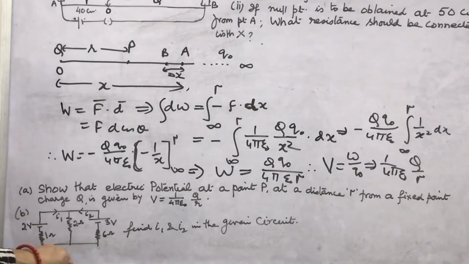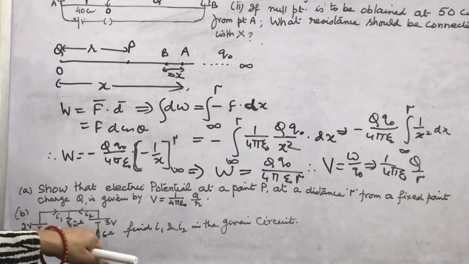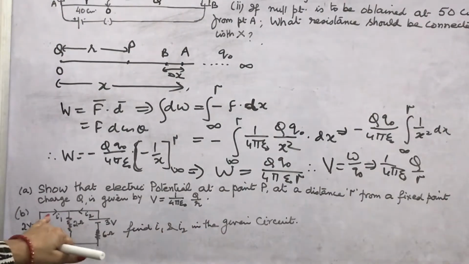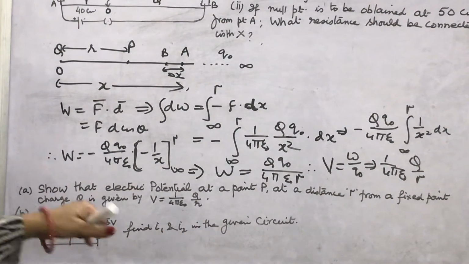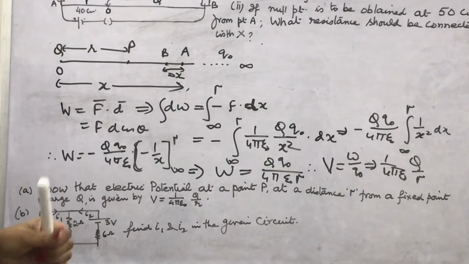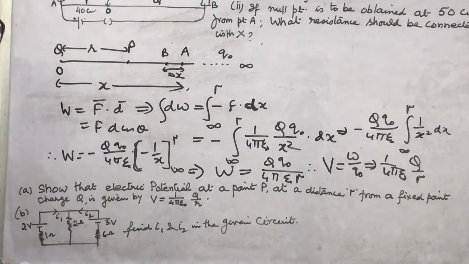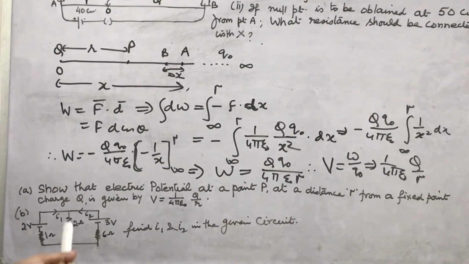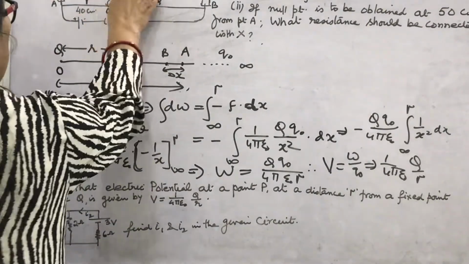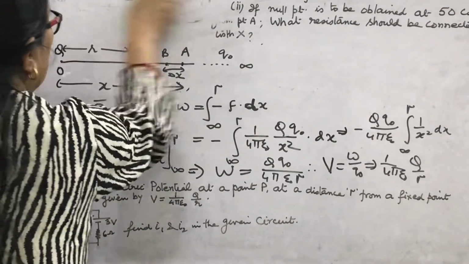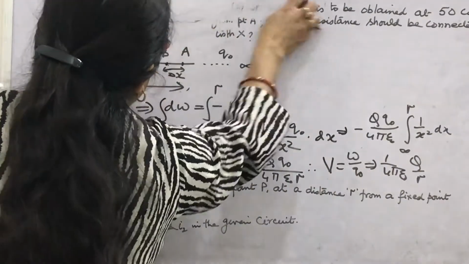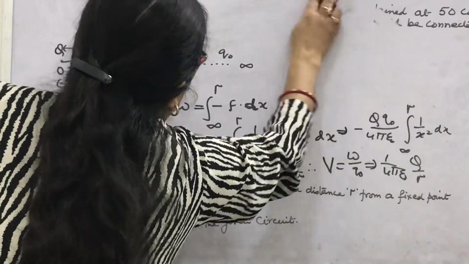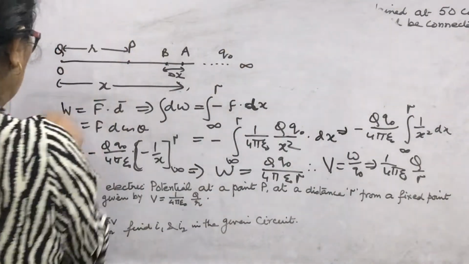In this circuit diagram, you have to find the currents I1 and I2, which are shown in the figure. Look, we will use Kirchhoff's rule to solve this question. Which rule will you apply in solving the question?